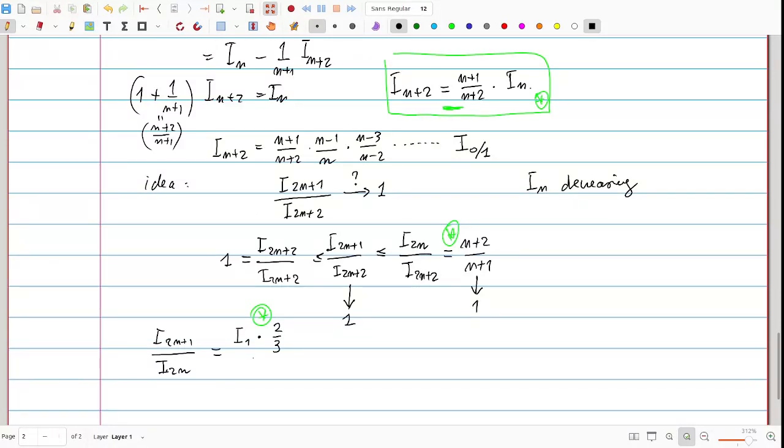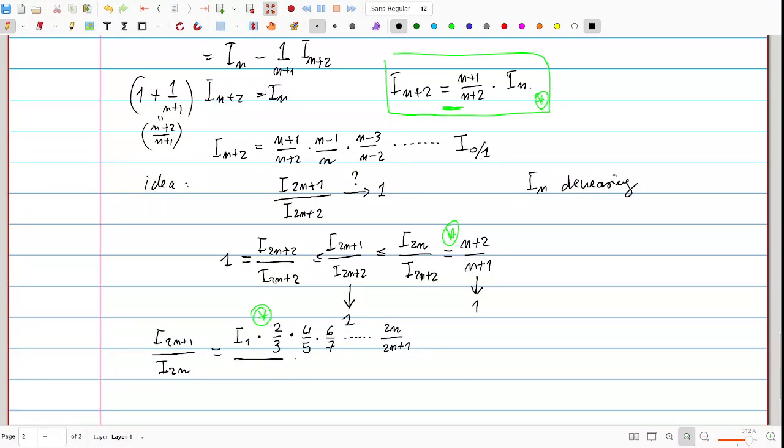So I_1 times 2 over 3 gives I_3, and if you want I_5, we have to multiply by 4 over 5 and then 6 over 7, up to the last one: the numerator is 2n and the denominator is 2n plus 1.